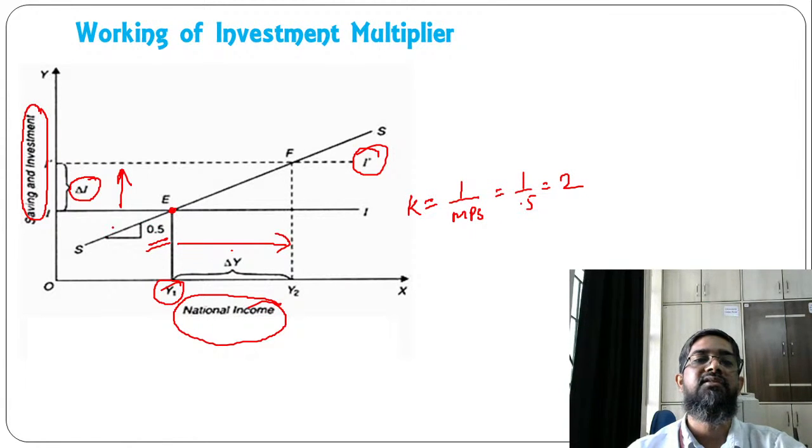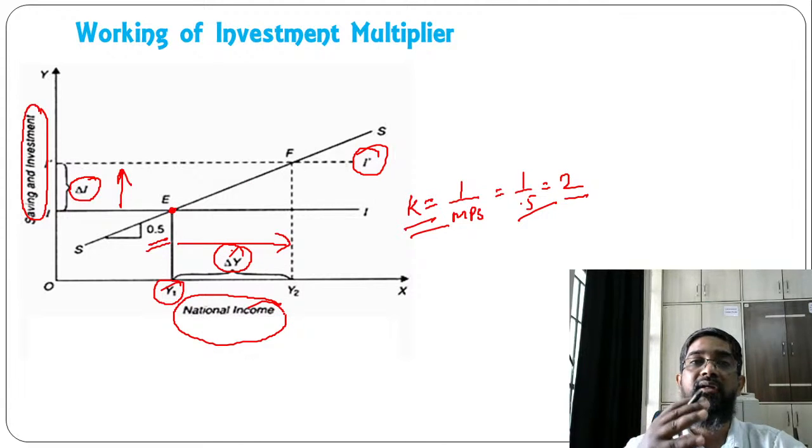You can easily see this gap, delta I and delta Y. This delta Y is almost 2 times of this delta I. Why? Because value of K is 2, right? Why it is 2? Because MPS is 0.5. So this way also you can show with the help of diagram the working of investment multiplier.